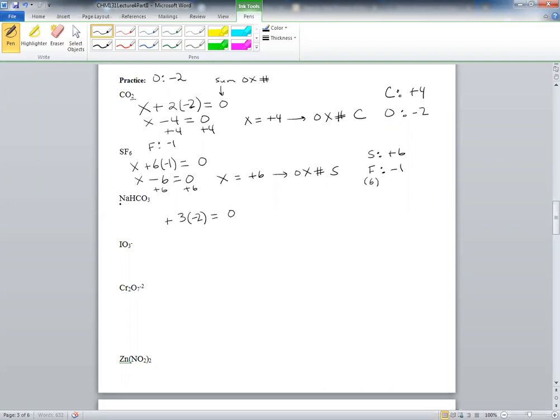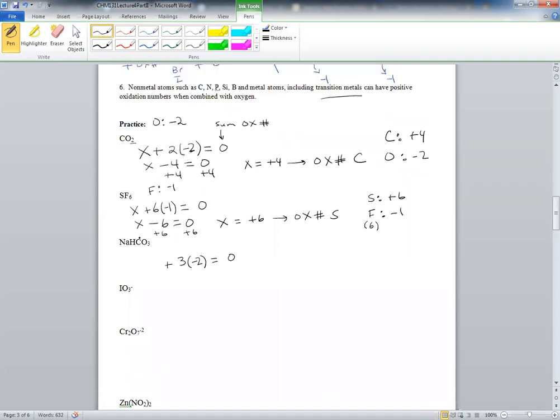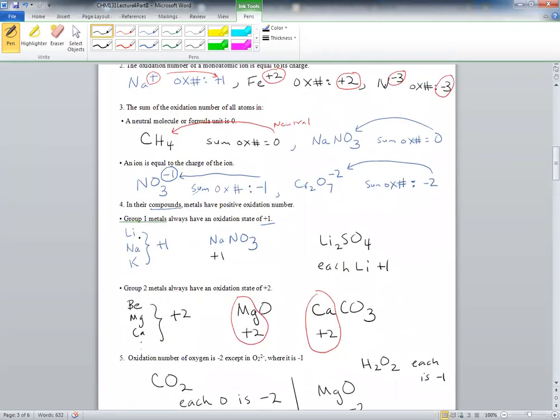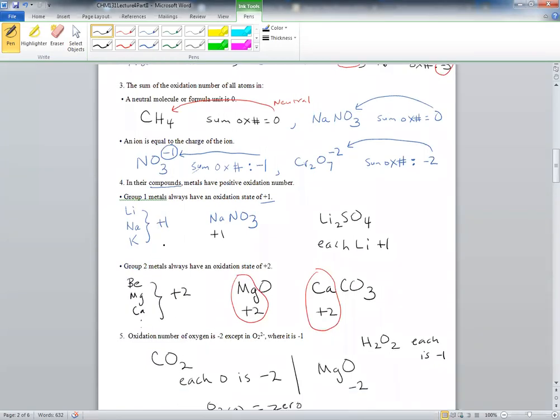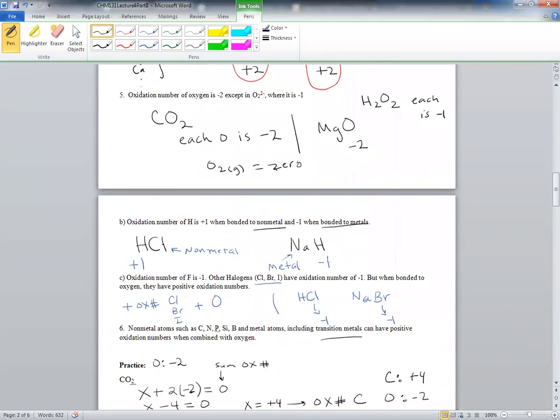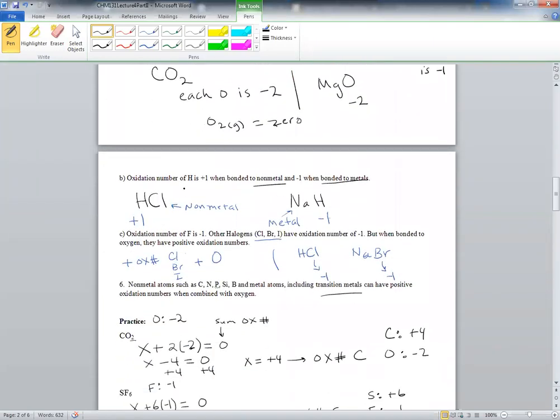Now, let's go back to some of the rules. That's why we have to practice to remember the rules. It says group 1 metals are always +1. There you go. So Na is known. It's a +1 oxidation number. Let's see if there's a hint about H here. Yep, it says oxidation number of H is +1 when bonded to a nonmetal.